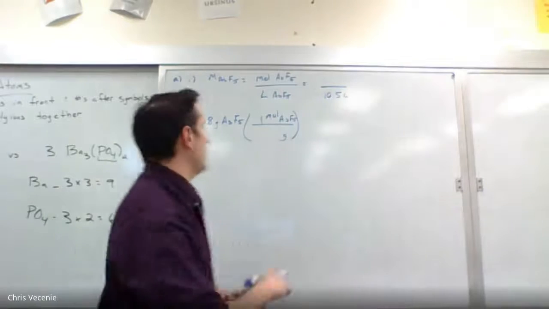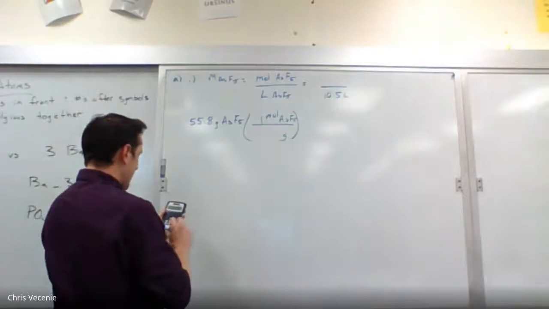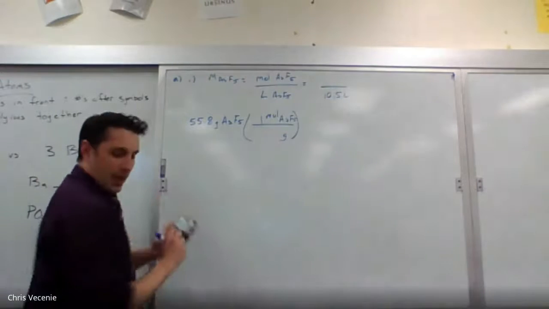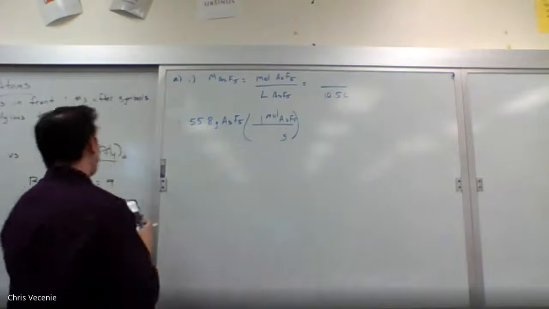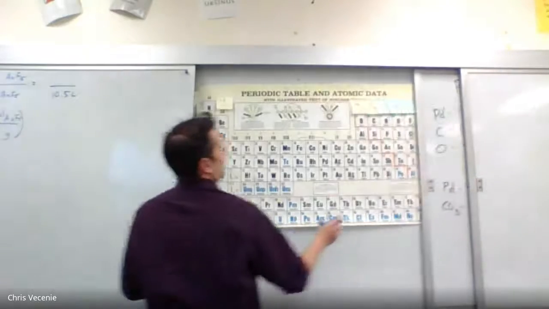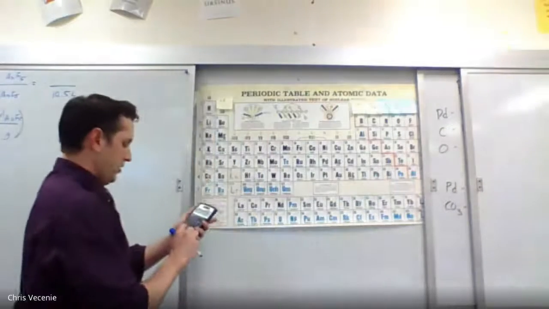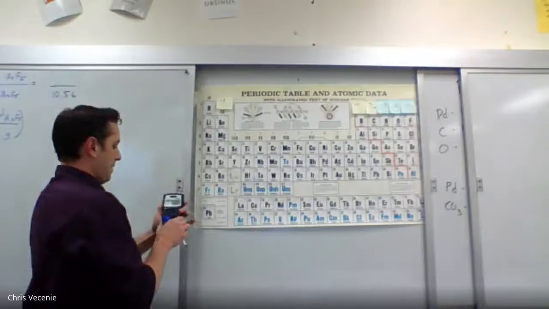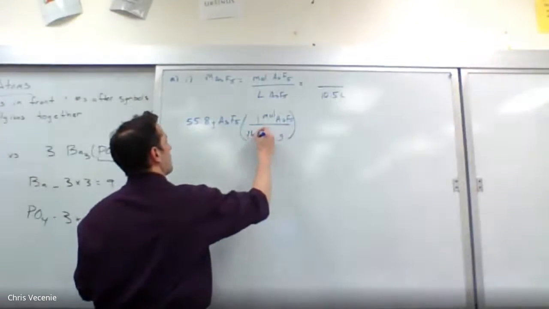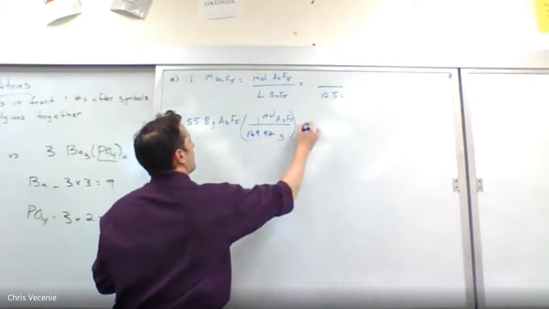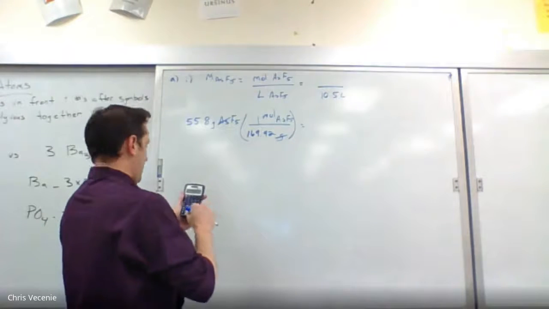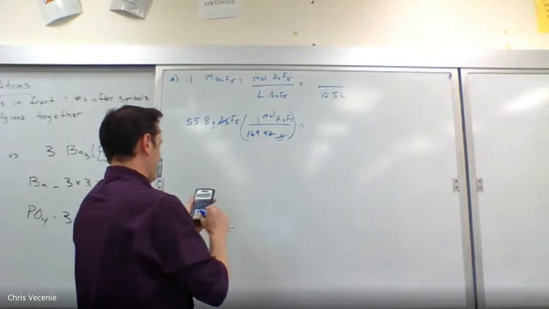So if we go and snag those numbers, fluorine is 19.00 times the 5, plus the As. Take a look to find the arsenic. That's 74.92. So it looks like we get 169.92 for our grams there. So do that conversion, 55.8 divided by the 169.92.